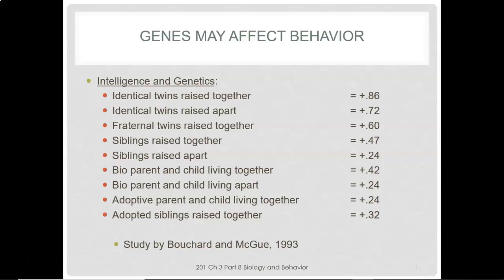So what this tells us is that when twins and siblings are raised together, these siblings are part of the environment that helps shape the genetics of intelligence. So when you have a sibling being raised with you, that does seem to give a stronger correlation between genetics and behavior.